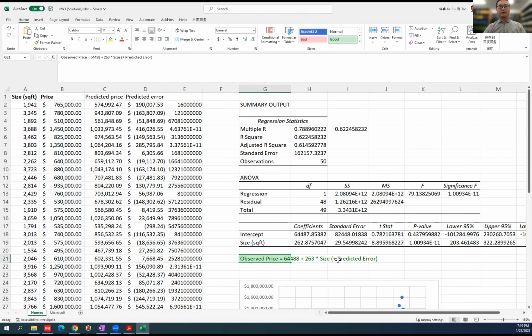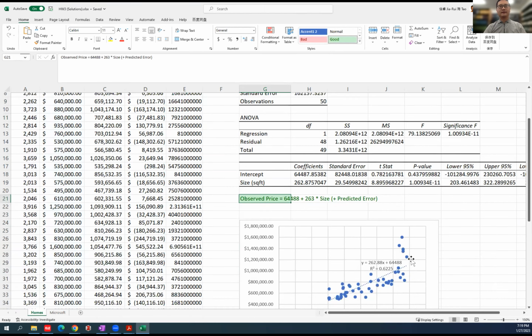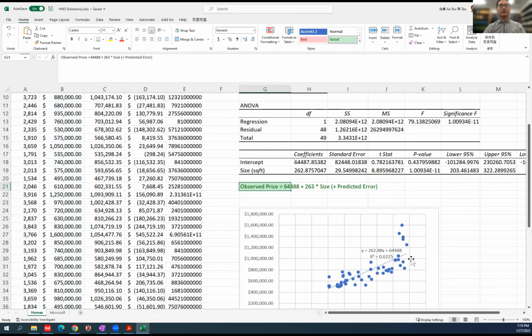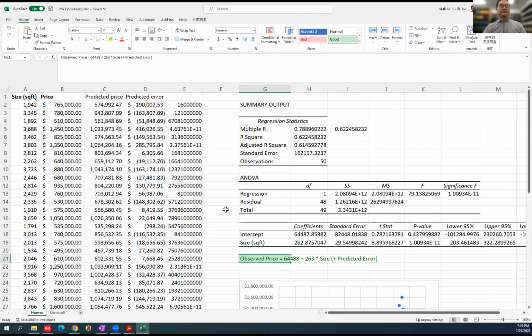So as I wrote here as a tentative answer for the regression equation, this model in problem 1 is trying to predict price using square footage. So the price goes to the left-hand side of the equation as observed price, representing this column.